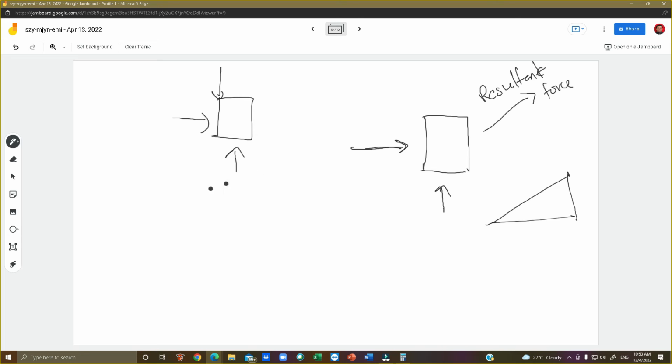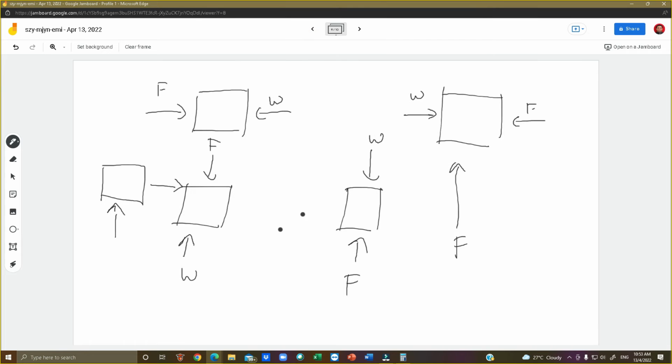Simple. When we talk about resultant force, or about force, we have a horizontal force, a vertical force, and torque. Let's talk about these two things first. When we give force, we can give force from any direction, multiple directions, but it will always obey these rules.